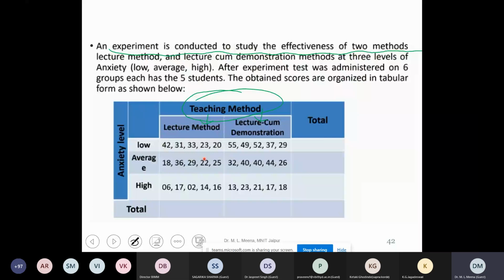For one factor there can be more than 10 levels: level 1, level 2, level 3, level 4, and so on. Those problems are not solved manually, because although we can solve manually, it is time consuming. So these problems are solved with the help of software like SPSS, MATLAB, Minitab, and many more.